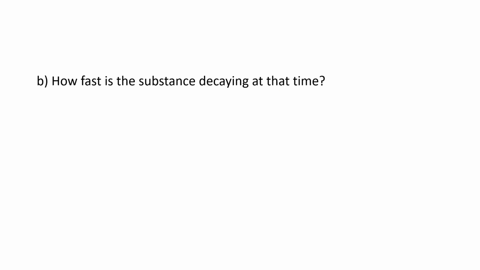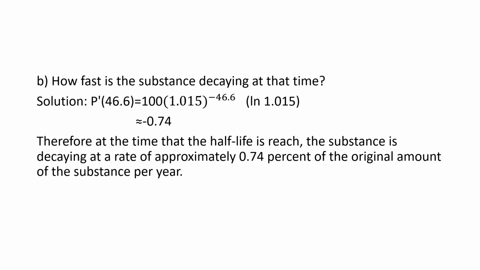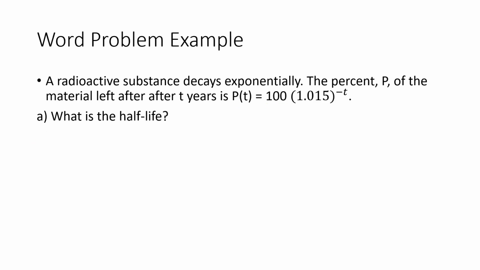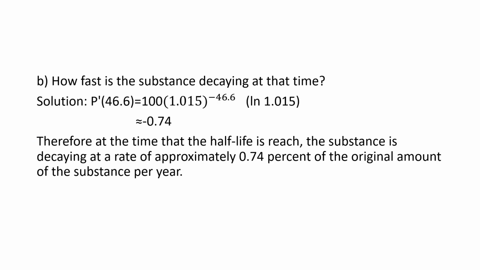Now, we'd like to know how fast the substance is decaying at that time. So what we're going to do is determine the derivative. So if you recall, our original function was P of t equals 100 times 1.015 to the exponent negative t. Now we're going to determine the derivative of that.